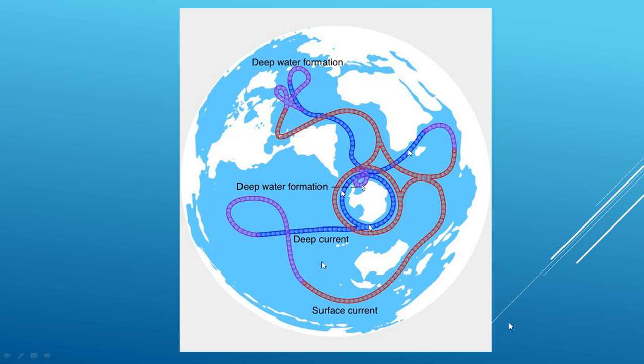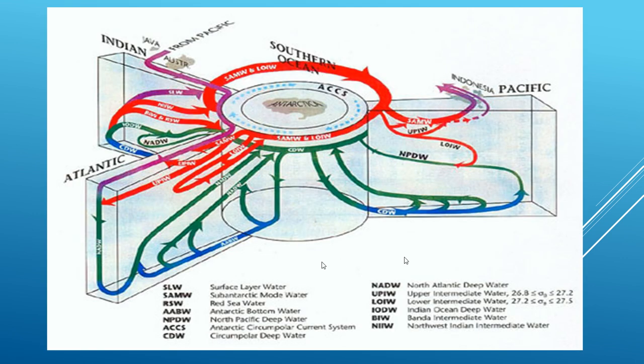Which leads me to this. Here you go. Now, you can pause the video if you want to see what all the different acronyms stand for, like RSW is Red Sea Water, et cetera. So we've got the Atlantic Ocean here, the Indian Ocean here, the Pacific Ocean here. The blue dotted line here, that's the Antarctic circumpolar surface current.